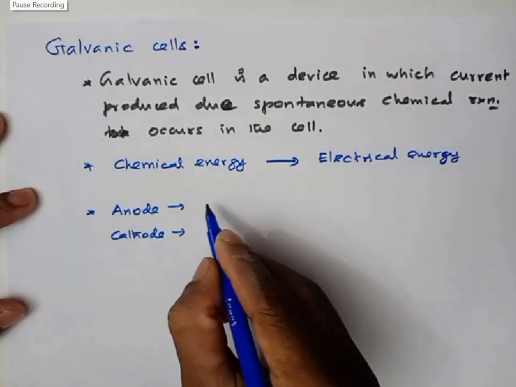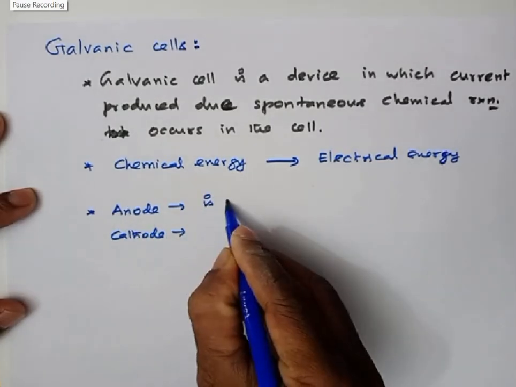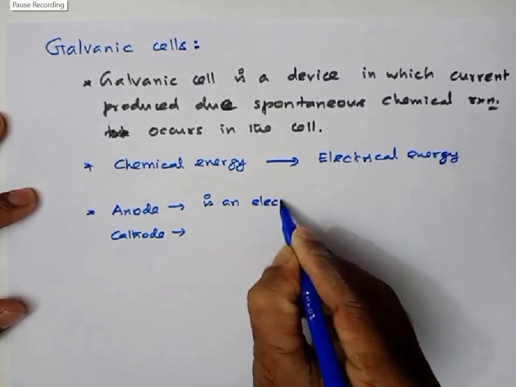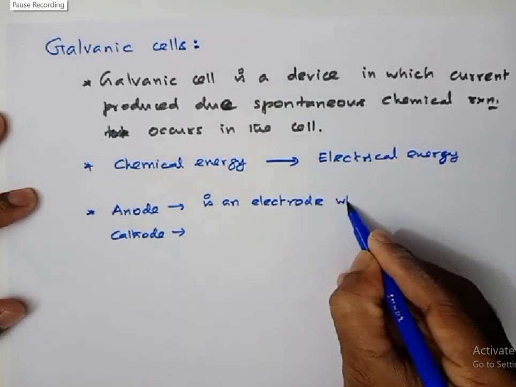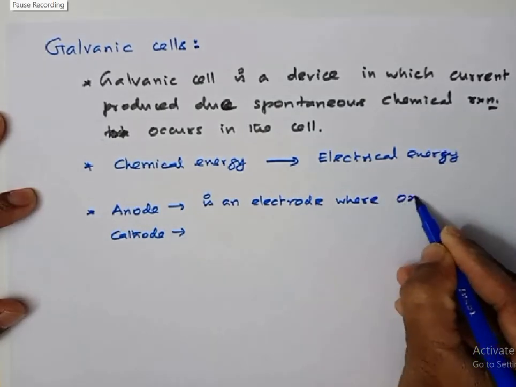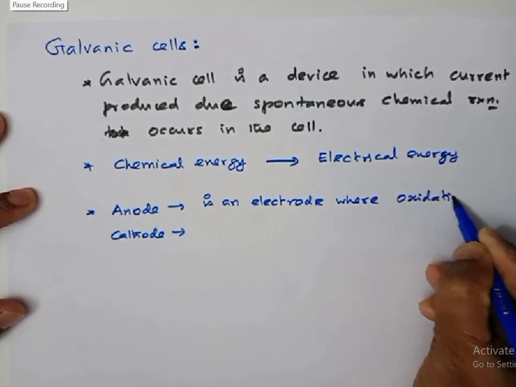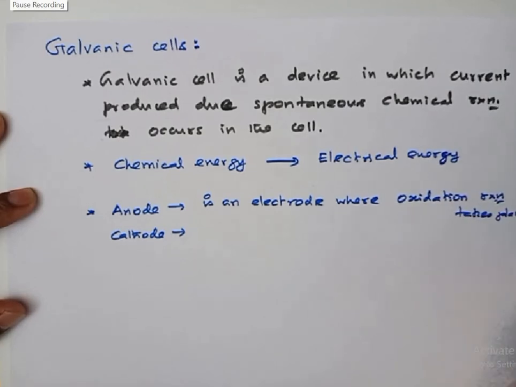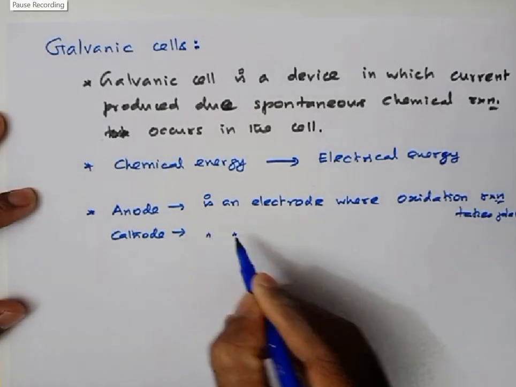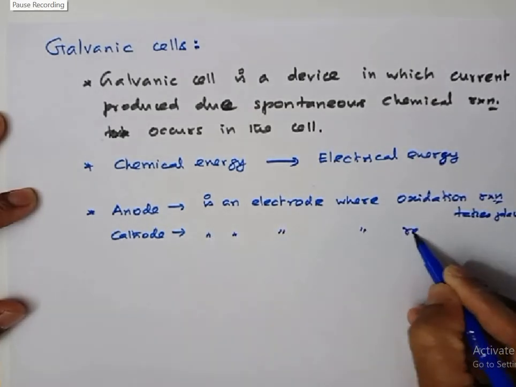Anode is an electrode where oxidation reaction takes place. What about cathode? Cathode is an electrode where reduction reaction takes place.